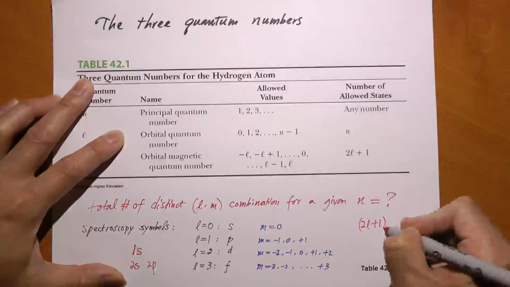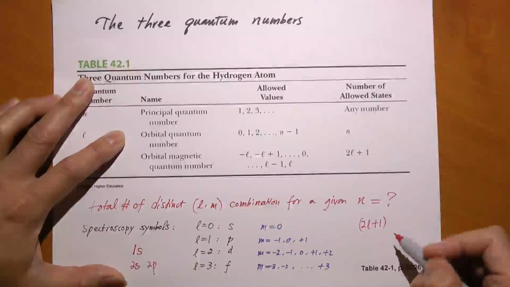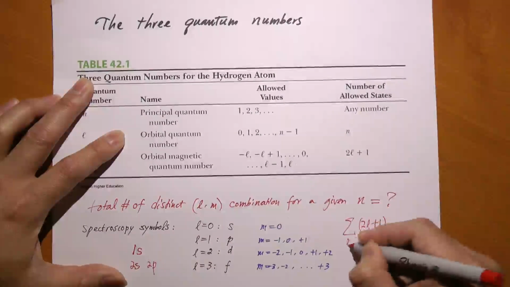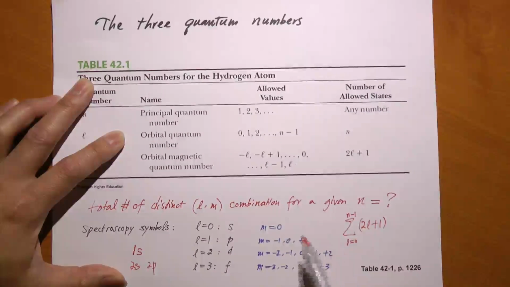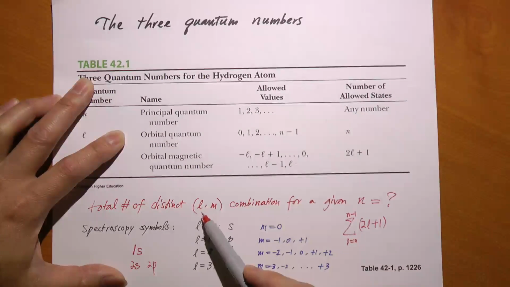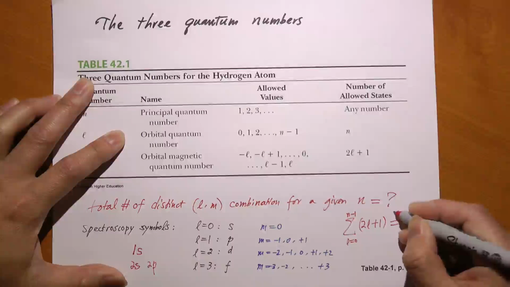That's the number of distinct states for given L. And then we have to add all the possible values of L. So L goes from 0 all the way to n minus 1. This is the number of possible combinations of L and M for a given n. What is this equal to?